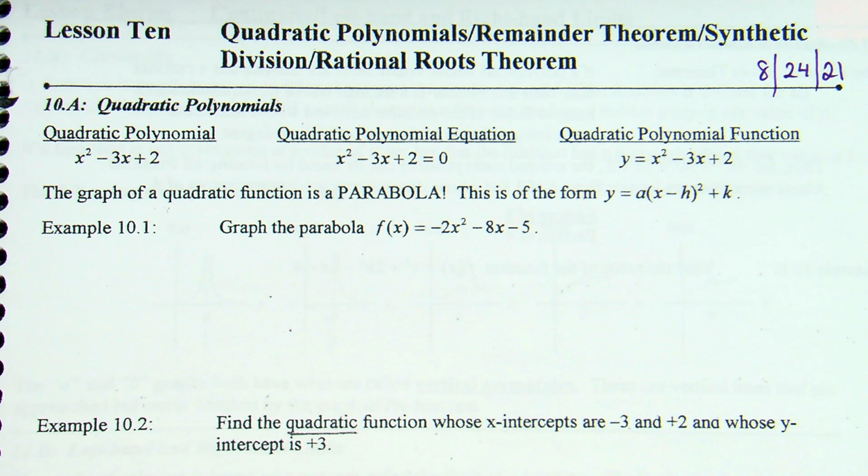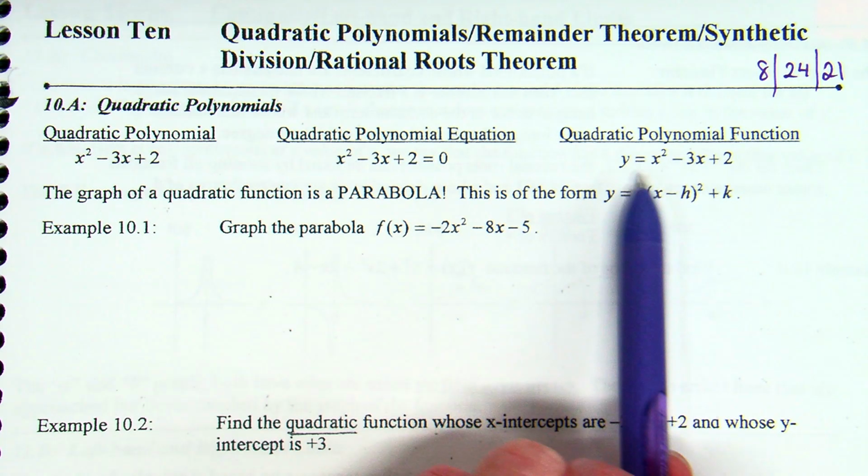In those terms, they're just x to some power. The power can't be negative. You can't have x's in the denominator, that kind of thing. Now, this first one, it's a quadratic polynomial. It's just an expression, okay? This one, when you set it equal to 0, it's now an equation. And officially, when you make it y equals that, we can call it a function.